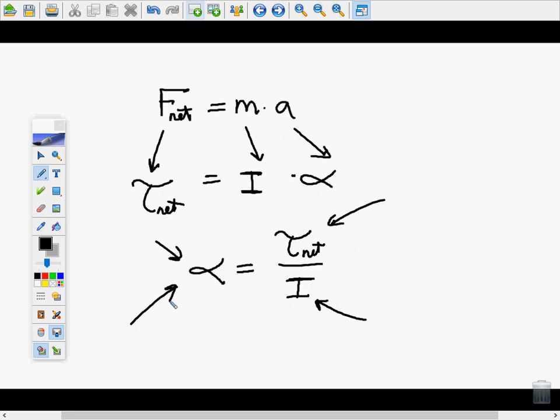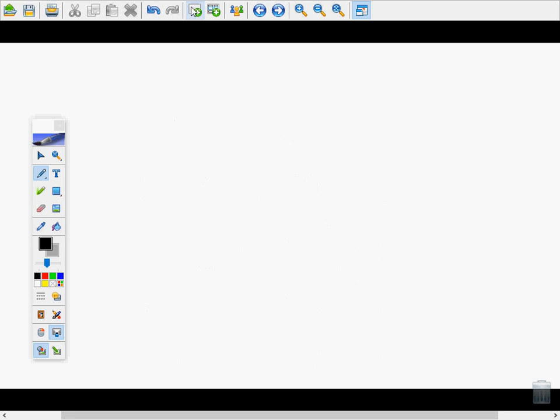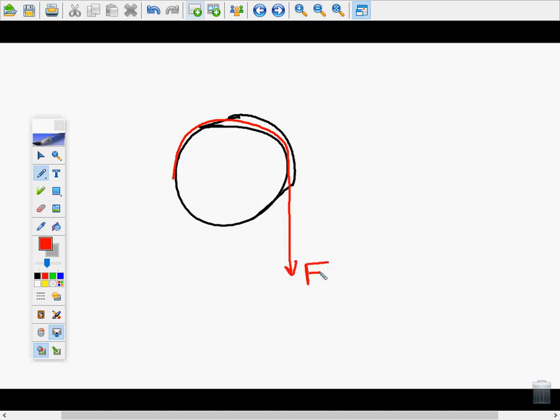Okay, so we already looked at an easier problem where you had a cylinder pulley like this, and there's a rope that's attached around it, and someone's pulling down on the rope with a force of 10 newtons, and the radius of this pulley was given.